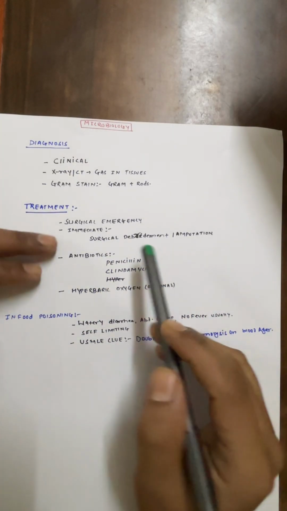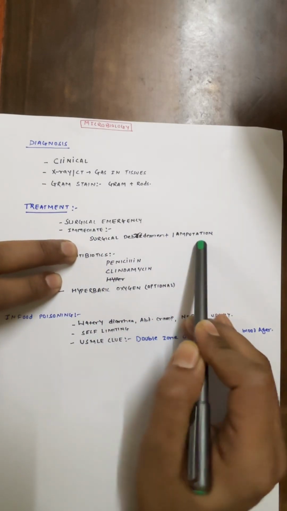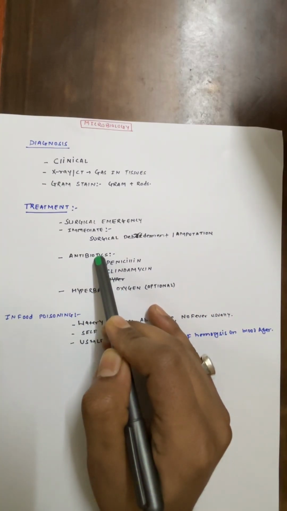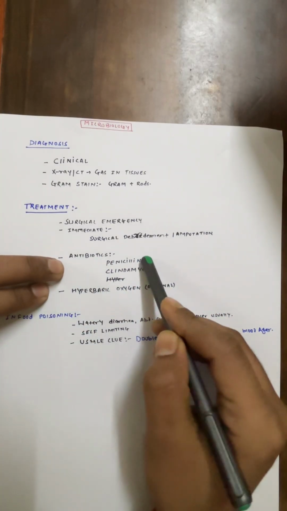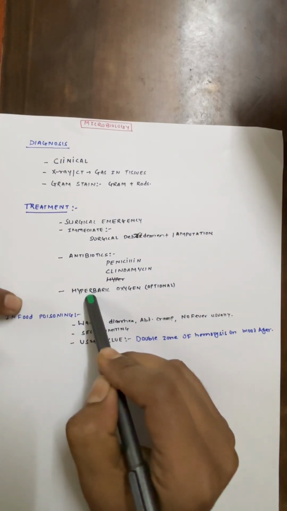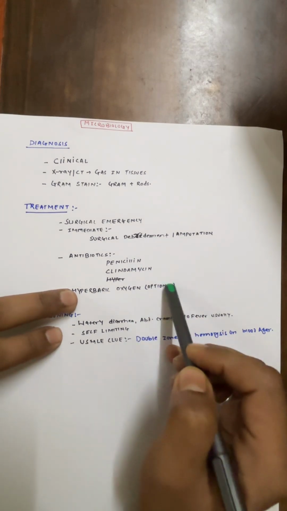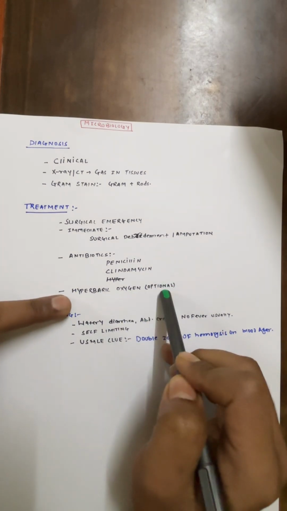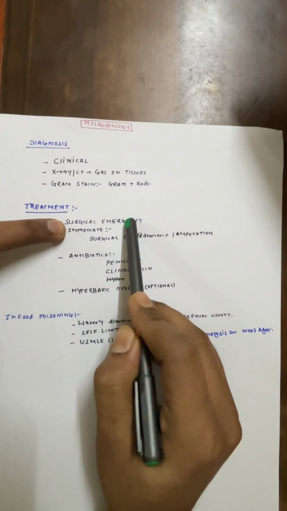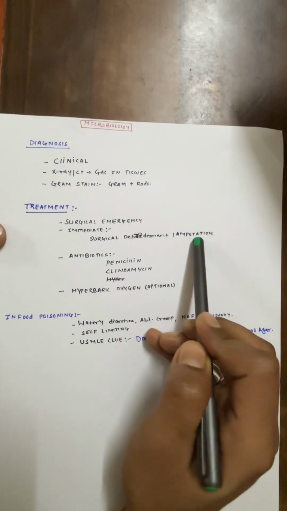Immediately you have to do surgical debridement or amputation. Then to treat the bacteria, we give antibiotics from the penicillin group, and clindamycin. We can also give hyperbaric oxygen, but this is optional, not a must. Always remember it's a surgical emergency, so we immediately need to debride the wound and amputation may be needed.